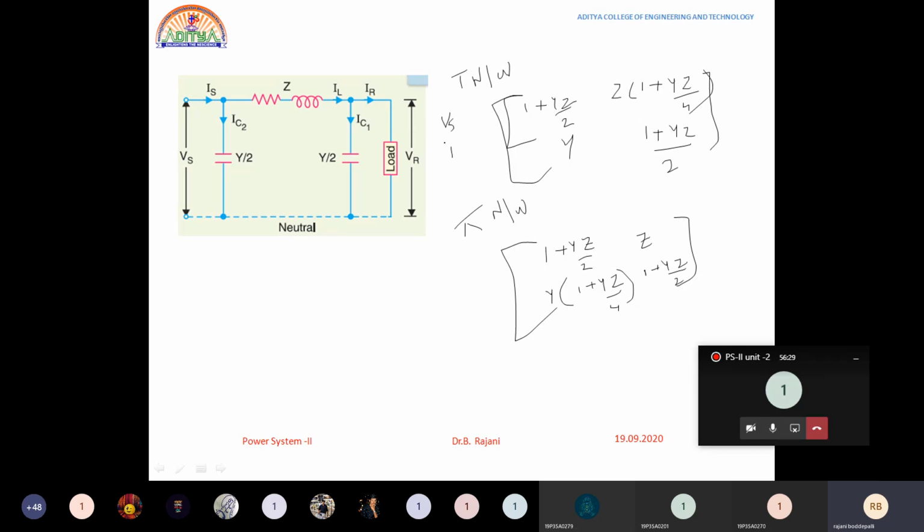This is written as VS, IS in matrix form, equal to the ABCD matrix times VR, IR. That is the case for both the nominal T method and the nominal pi method.